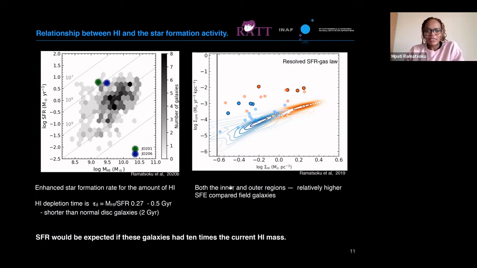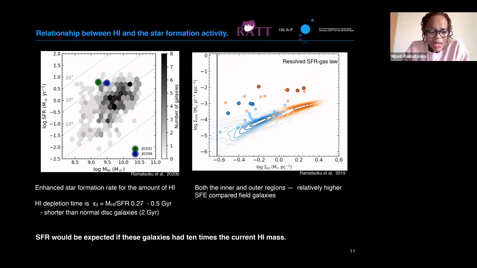And what we are seeing is this enhanced star formation activity compared to the control, the disks of the control sample in the blue contours, and the disks and the tails of the control sample in red. And what we're seeing is that both for the inner and outer region, there's a relatively higher star formation efficiency compared to the control galaxies.